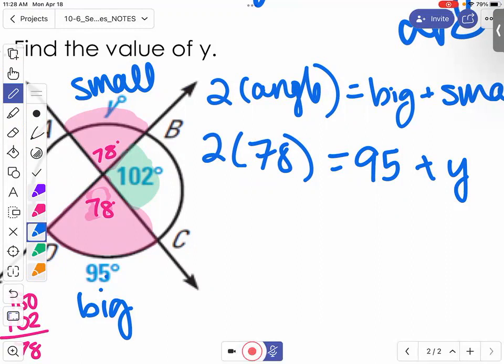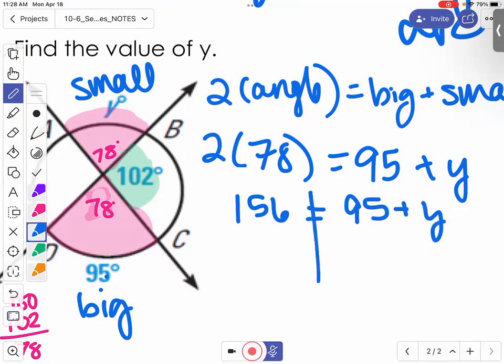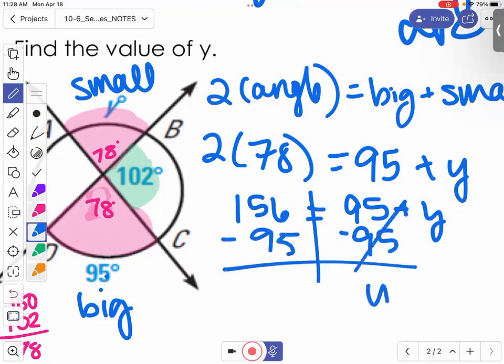So 2 times 78 gives me 156 equals 95 plus y. Now we can solve these out. Subtract the 95 from both sides, and my y is equal to 61 degrees.